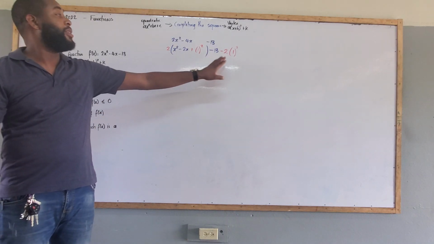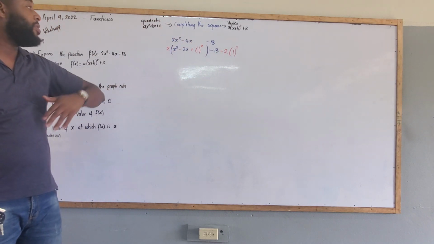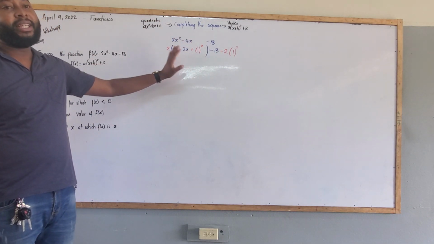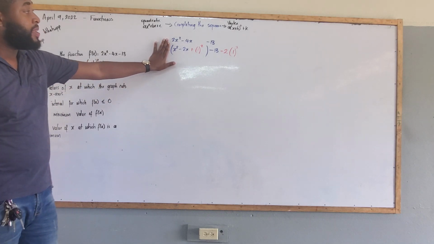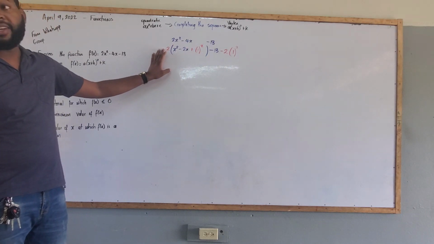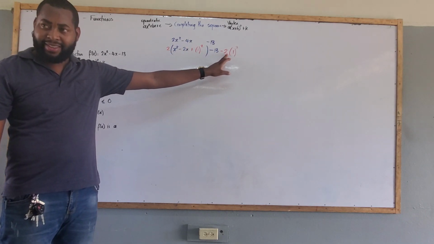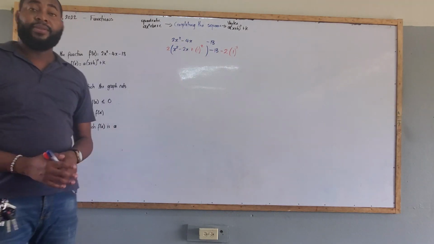Everything inside this bracket is multiplied by the 2. If there's a negative 2 here, there will be a negative 2 right there. Everything that I factor out has to go there.